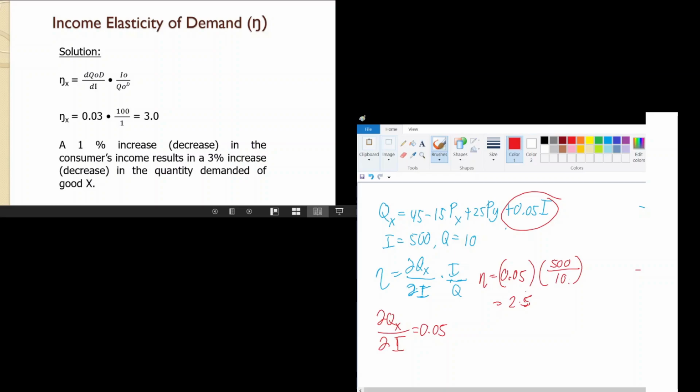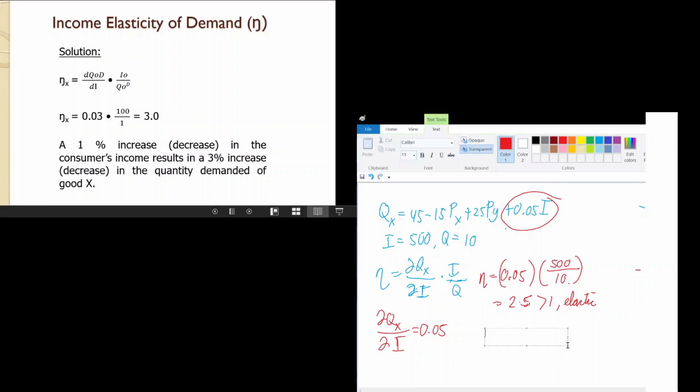Okay, so 2.5 is greater than 1, therefore it is elastic. Okay, so again, how will we interpret this value? So a 1% change in the income causes a 2.5% change in the demand.